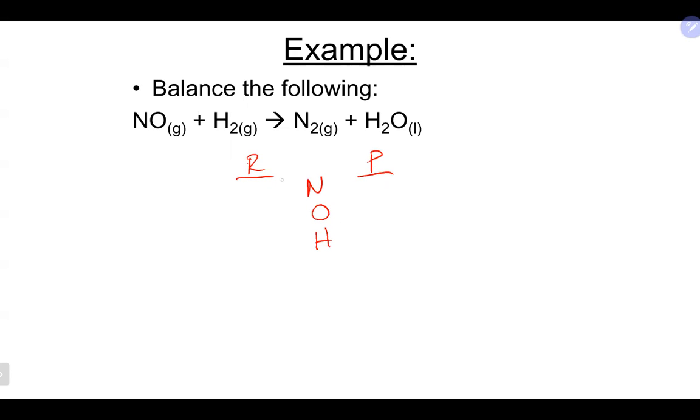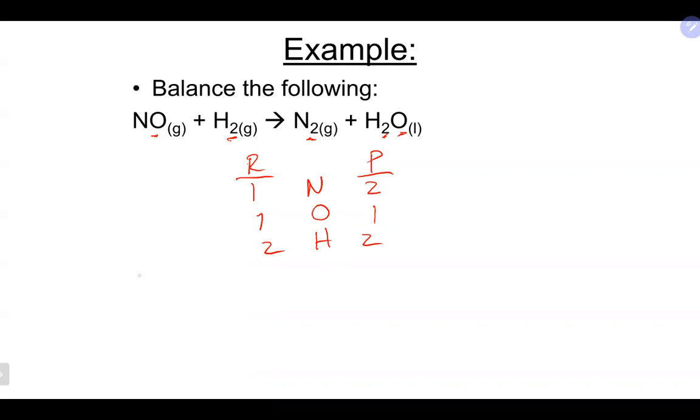We got 1 nitrogen on the left, 2 nitrogens on the right. We have 1 oxygen on the left and 1 on the right. We got 2 hydrogens on the left and 2 on the right. So this just gives you a really good place to start.